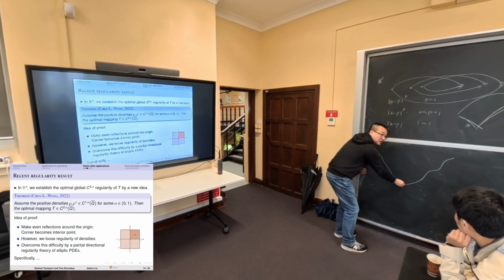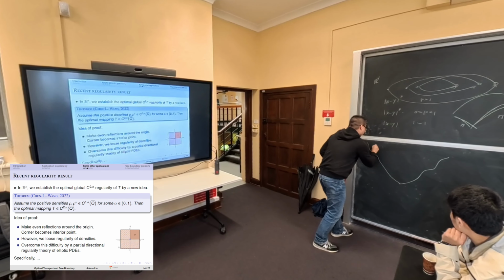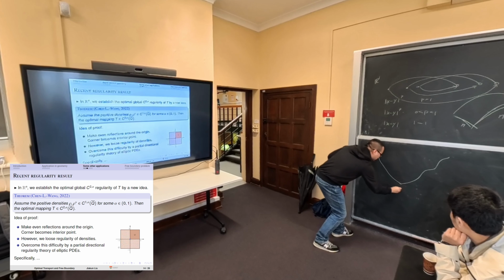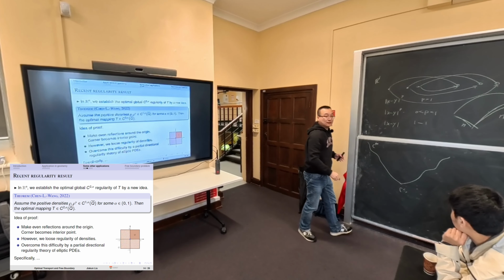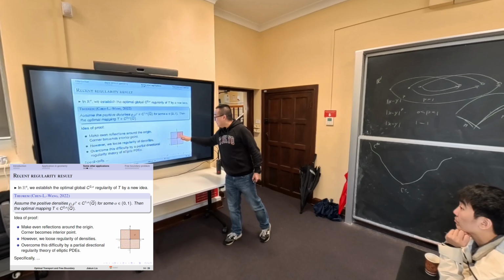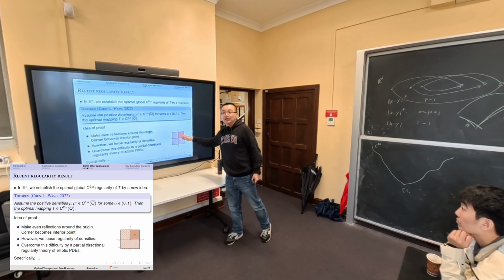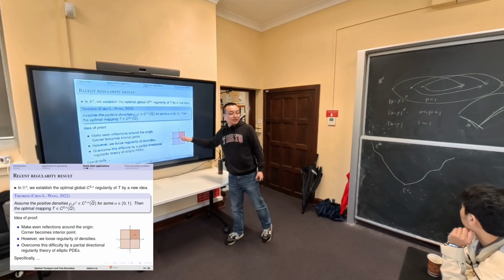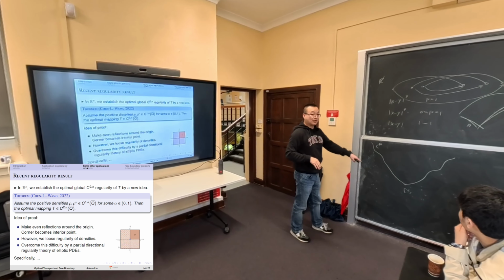At this point, you lose regularity. Even though here it is C infinity, here it is only Lipschitz. So that's pretty bad. Something you gain is that you conquer the geometric obstacle, the sharp point, but something you lose is regularity.